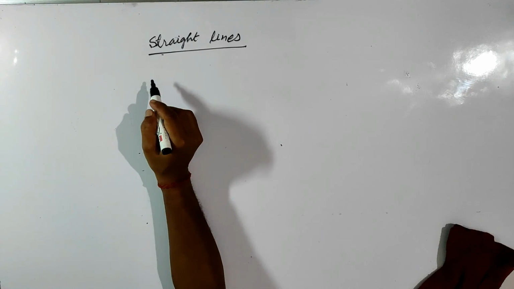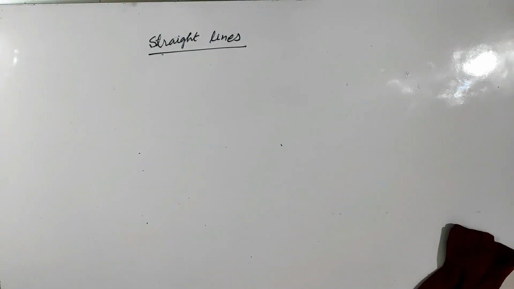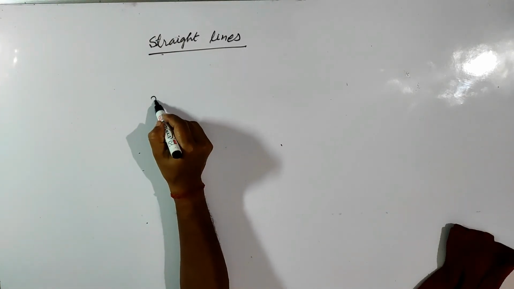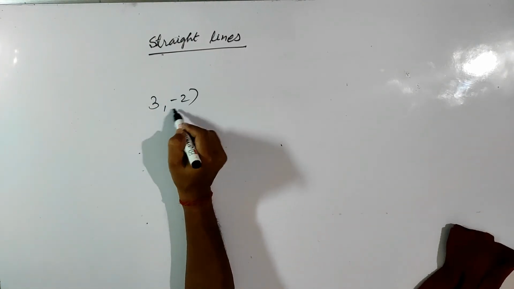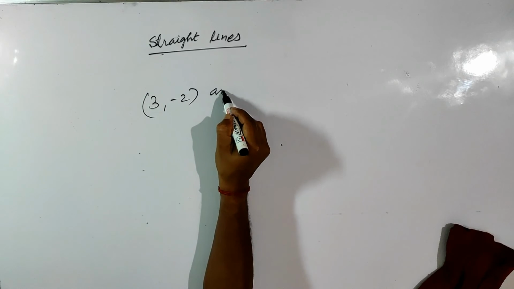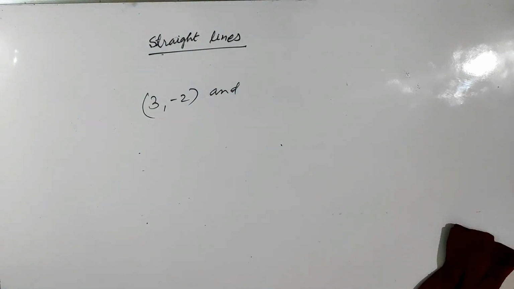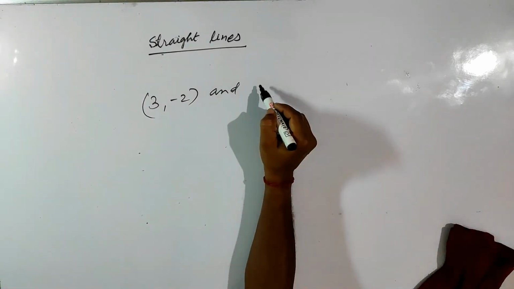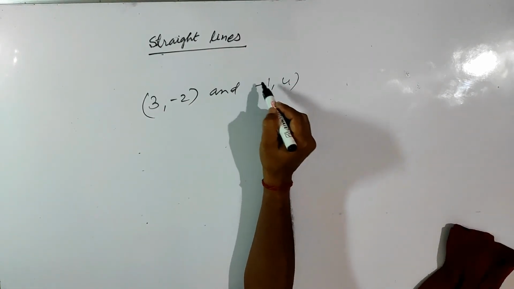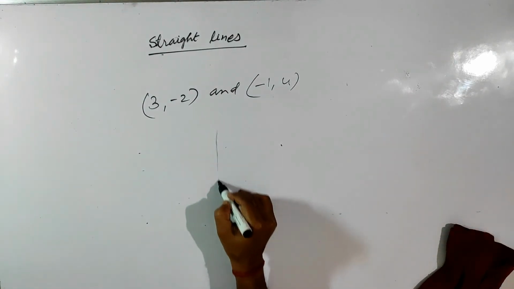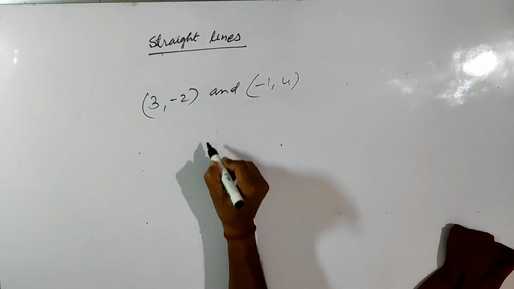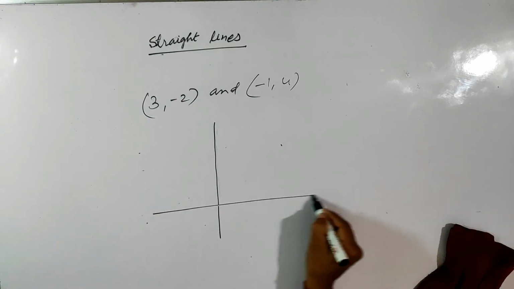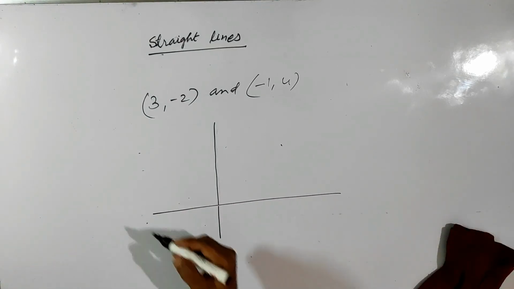Find the slope of the line. If a line passes through the points (3, minus 2) and (minus 1, 4), if you want to, you can plot these points.